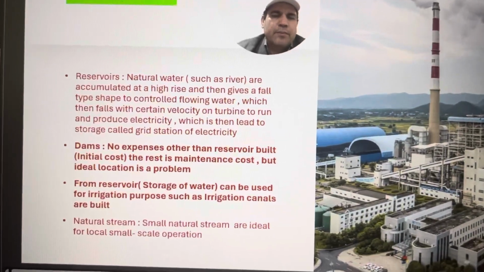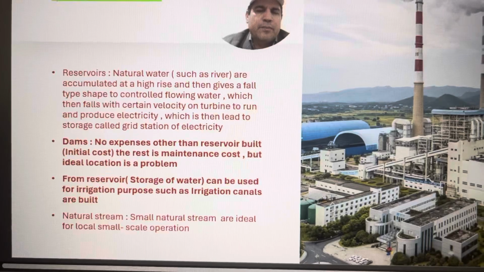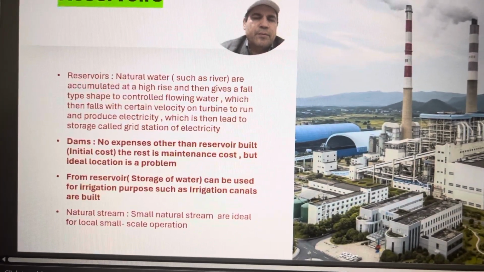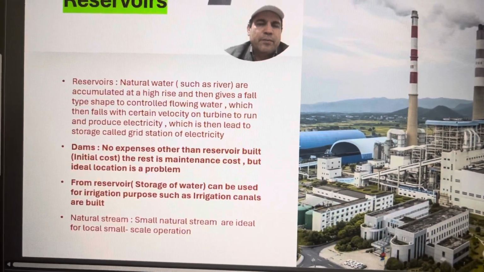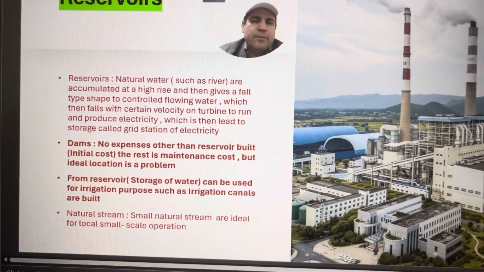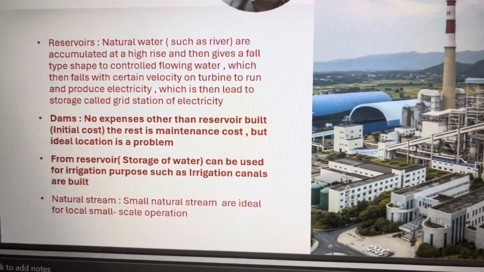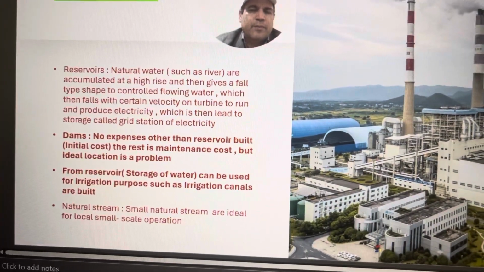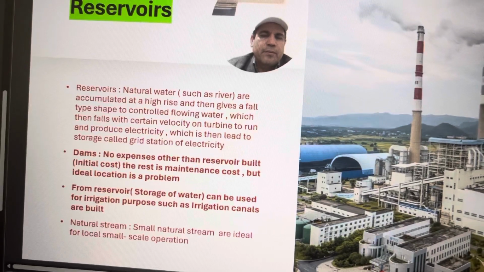The reservoir and stored water can also be used for irrigation. Canals are built for the irrigation of the surrounding areas from the reservoir and the dams. And these are small natural streams in the hilly areas where you can build a small electricity dam.